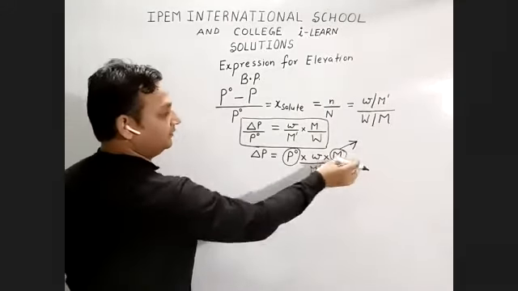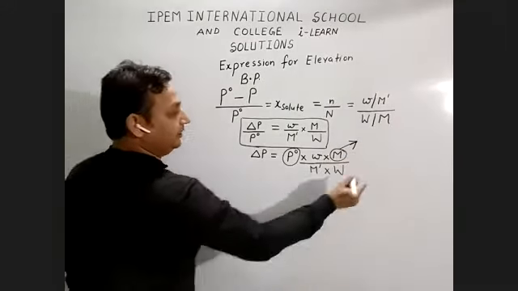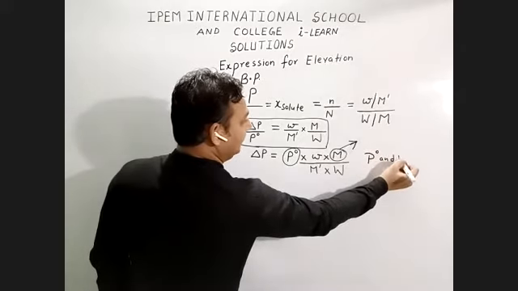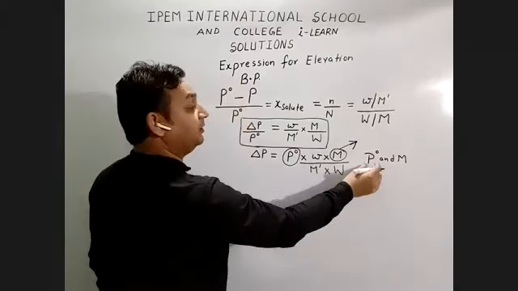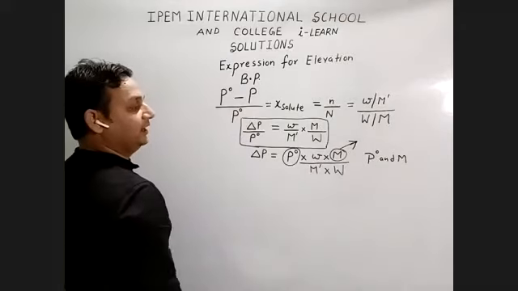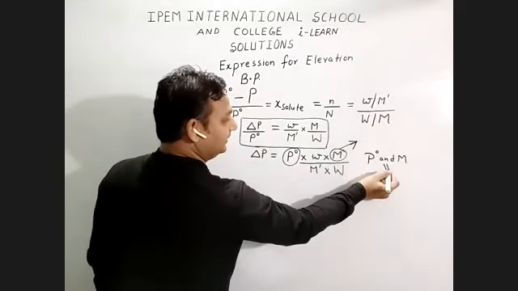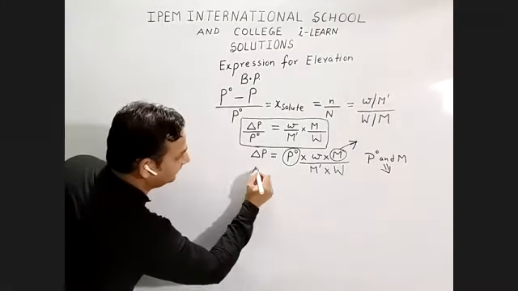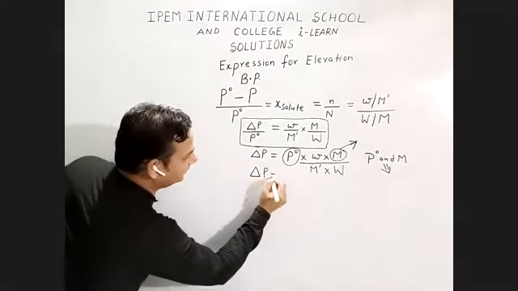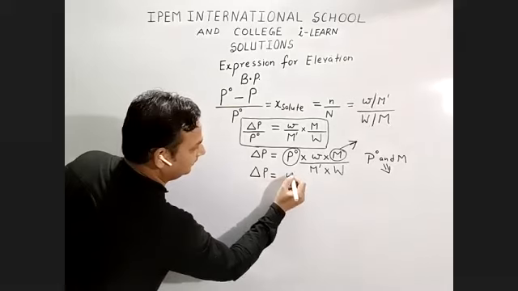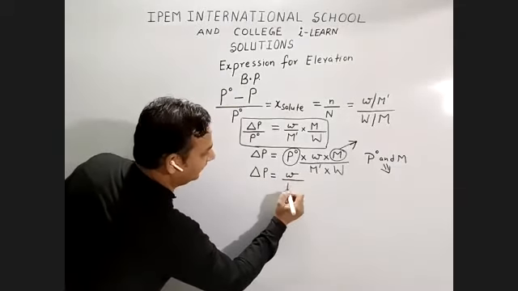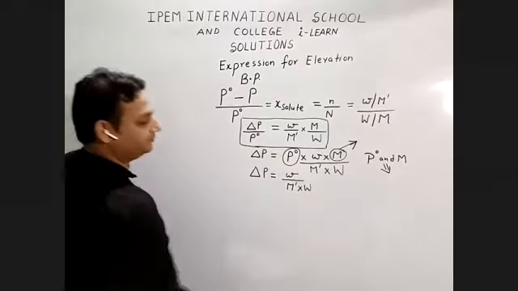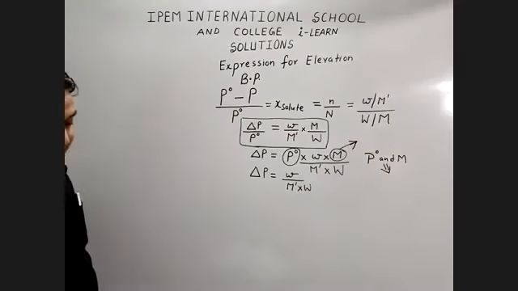So when we replace these constants for a pure solvent, P naught and M, the formula will become delta P is equal to w upon M dash into W. This you got it.